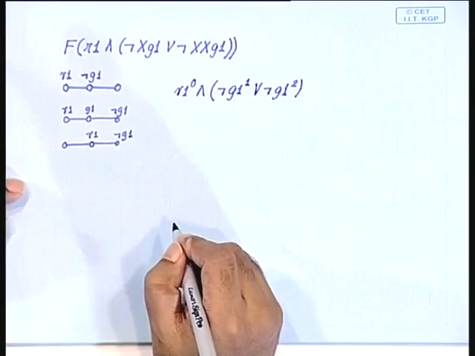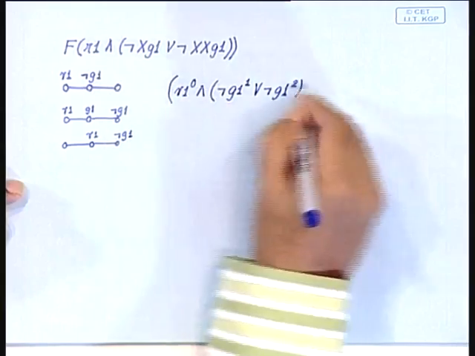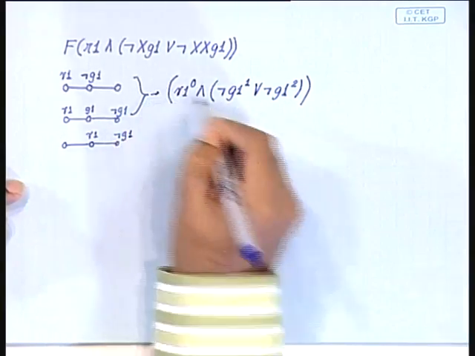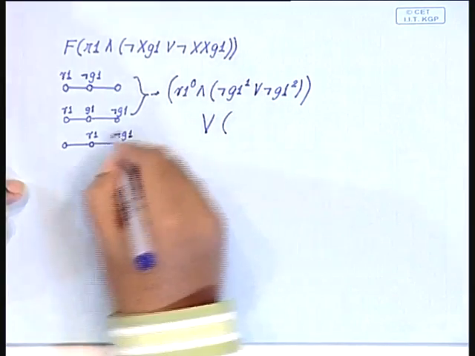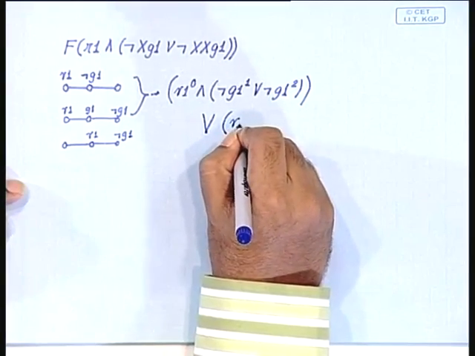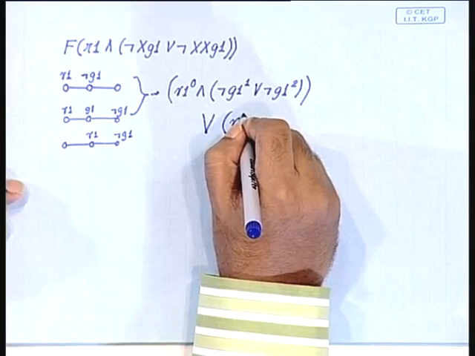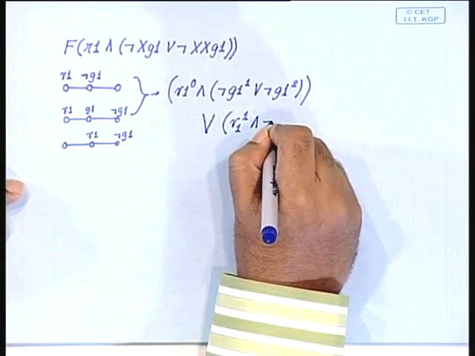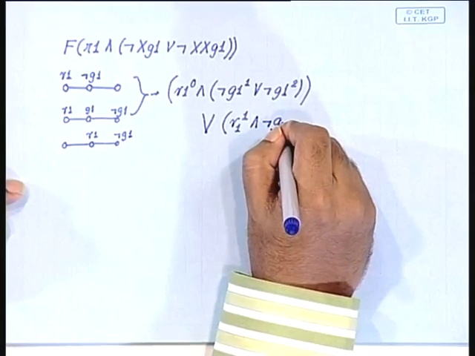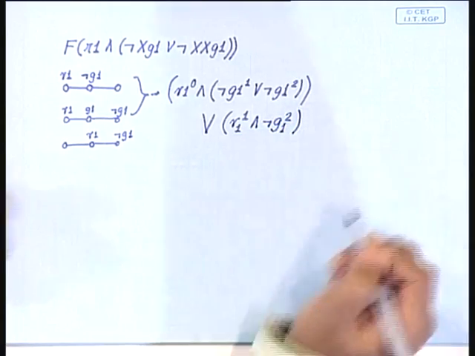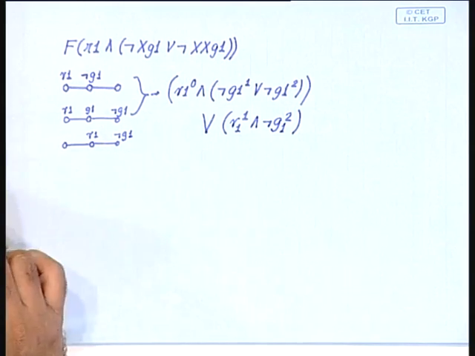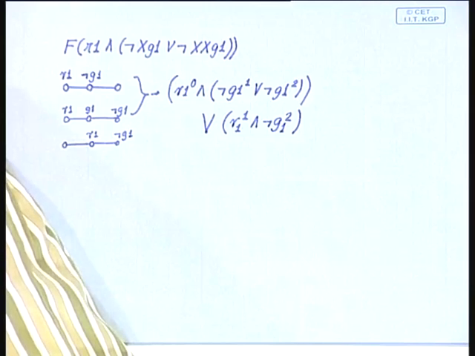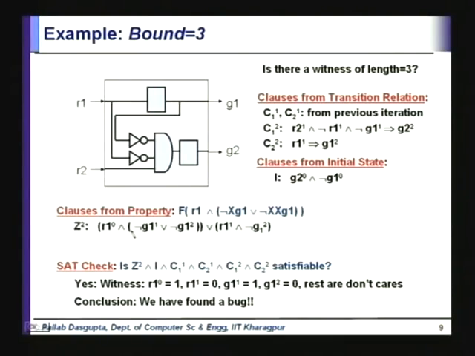So, this is one possibility. This covers these two, or the other possibility is that R1 happens here. So, that is R1 happens in time step 1 and not of G1 2. So, if you see this, then you will see that this is the first one for R1 0 and this is the second one for R1 1, clear.